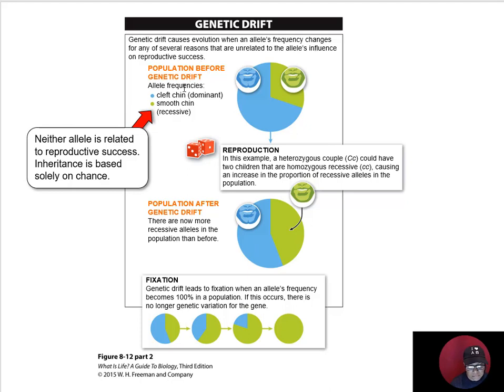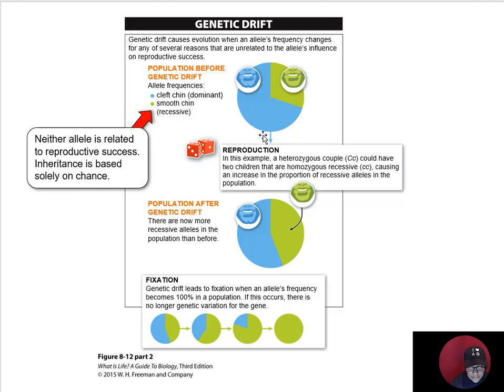You've got this population before genetic drift, and here in blue we have the percent of the population that has a cleft chin, and this turns out to be a dominant gene. And then in this greenish color here, we've got the percent of the population that has a smooth chin, and it turns out this is a recessive gene. Now, neither allele is related to reproductive success, so inheritance is based solely on chance.